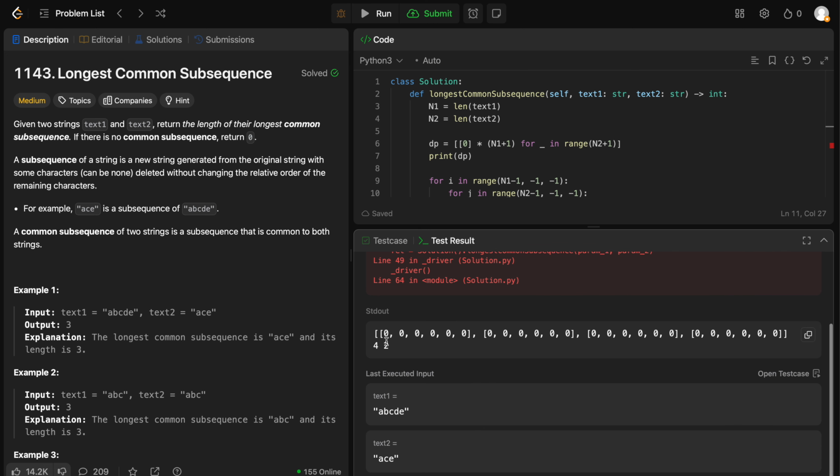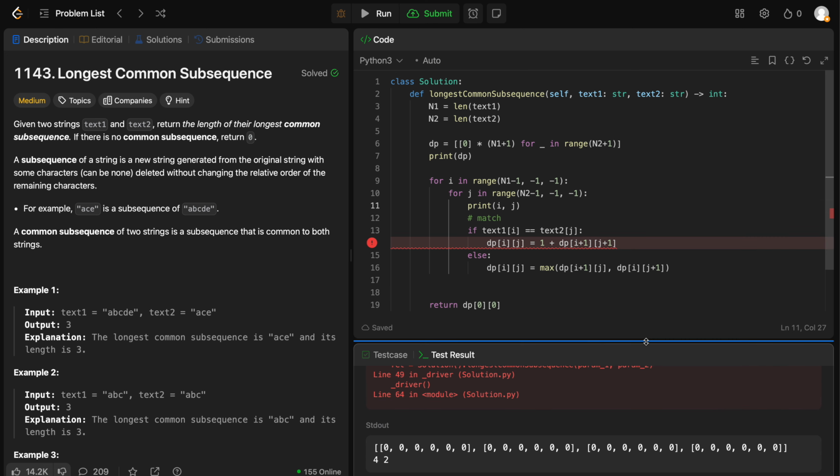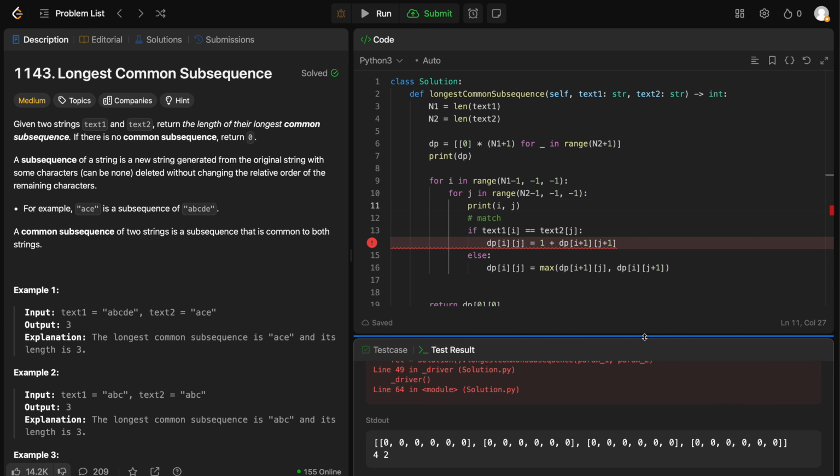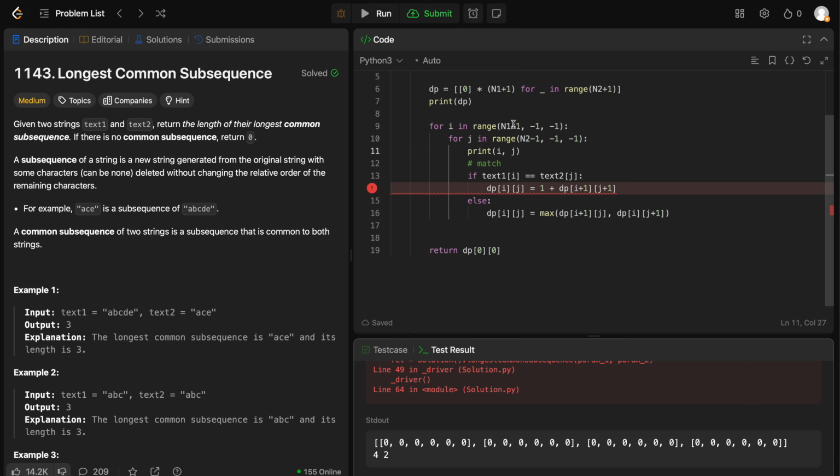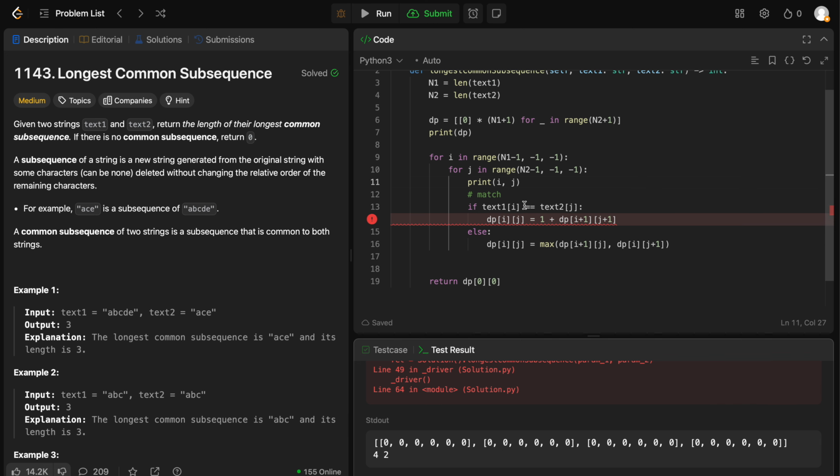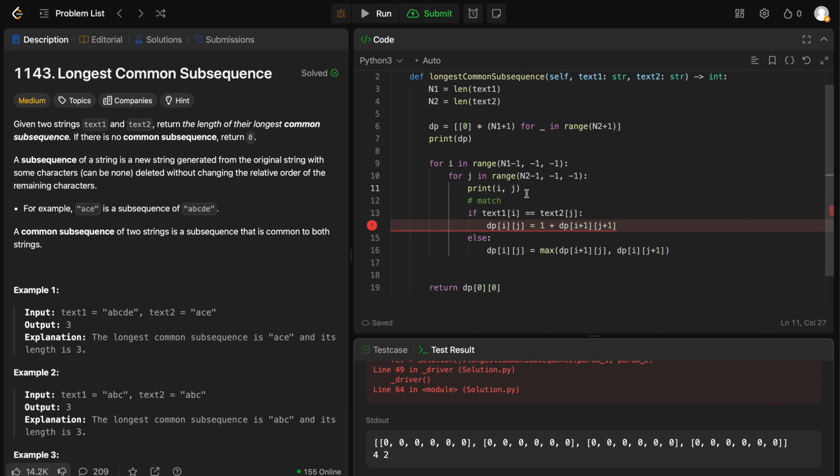So I got 4, 2. How did I got 4, 2? Okay. So this is the problem. And 2 and 1.